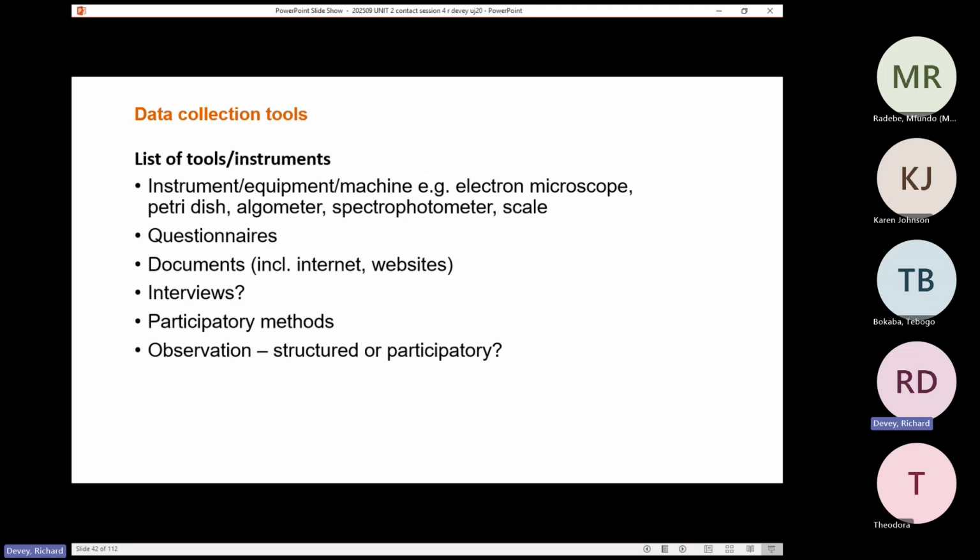They're generally qualitative, but some of the methods can give you quantitative information as well. And then there's, as Funda said, observation. Structured observation is normally associated with quantitative data, and participatory observation is normally associated with more qualitative designs. So these are the sources of data.